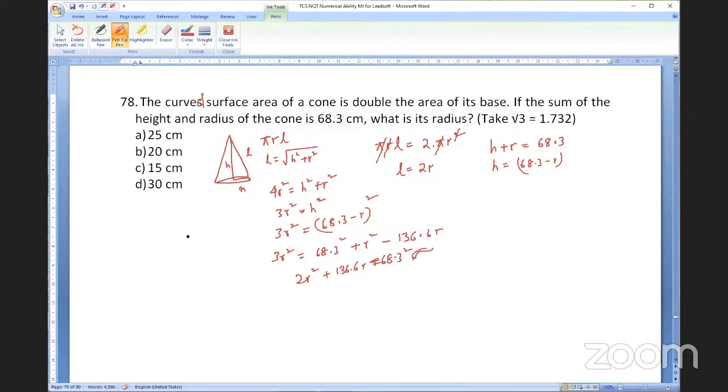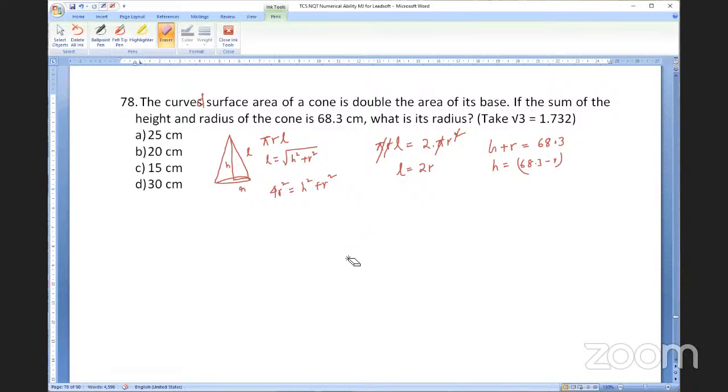Fine. So what's the use? Let's use something else so that we can find it easily. The curved surface area of the cone is double the area of its base.